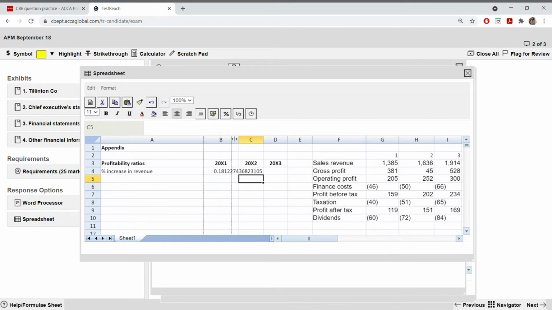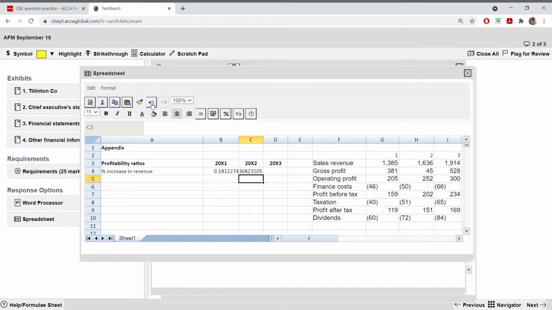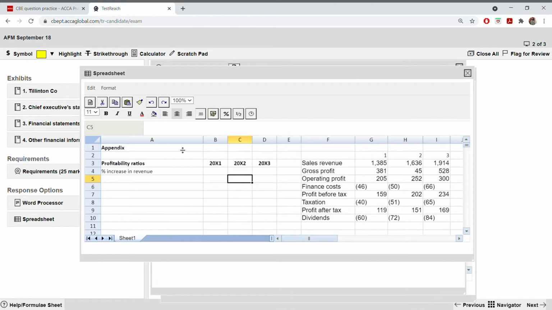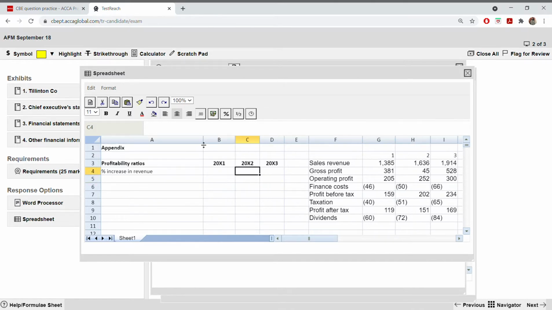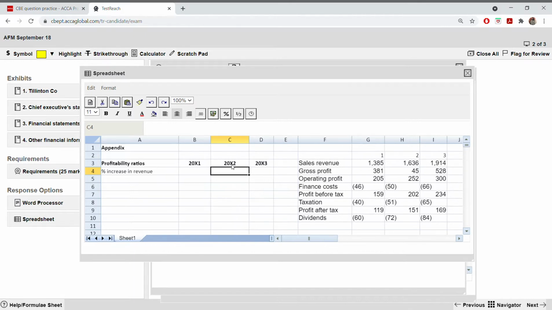Okay, what's happening here? So here, again I'm going to do this minus this, divide by this, enter. It should come in 2002 only.